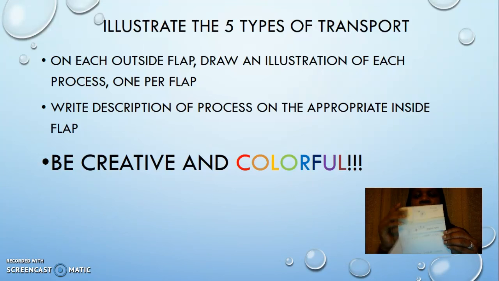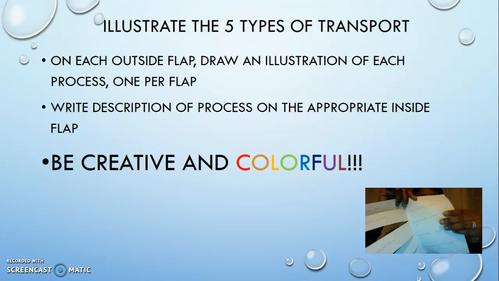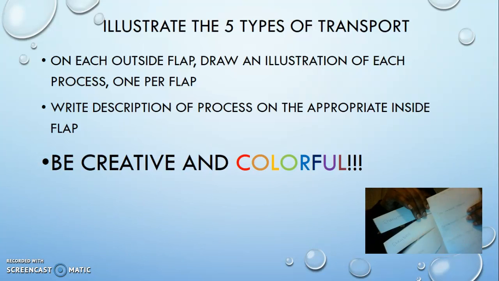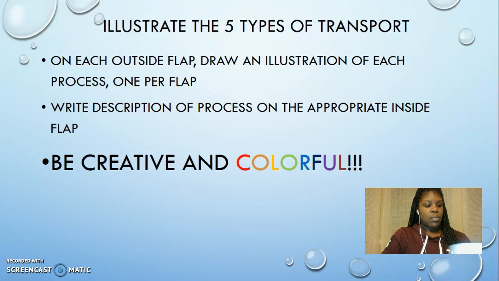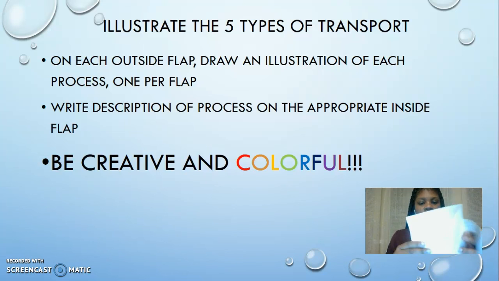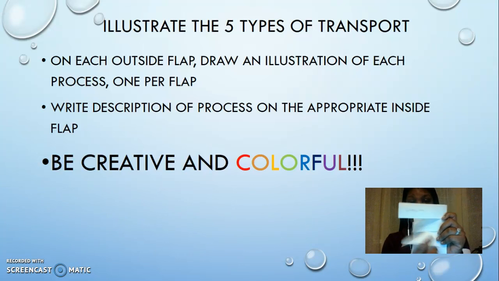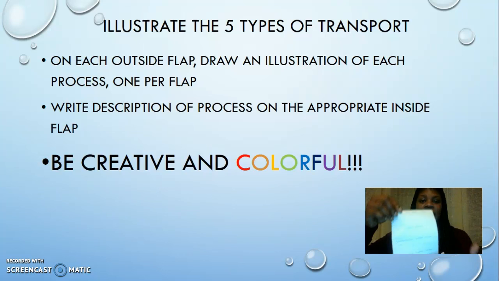And I have done that for each one of these, okay? So my vocabulary words, the terms, will each be, wait a second, I'm going to flip this over, okay. So the vocabulary words will each be on the back of those flaps, and that main sheet of paper is where I'm going to write all of my descriptions.